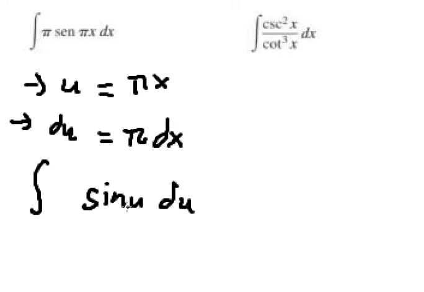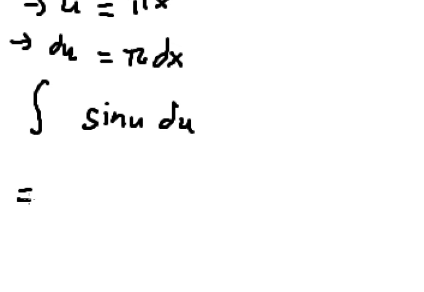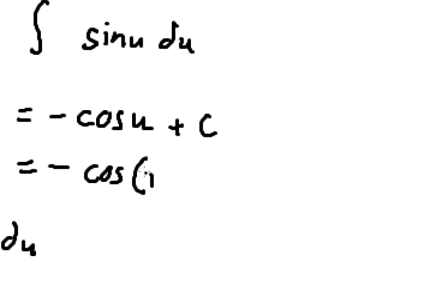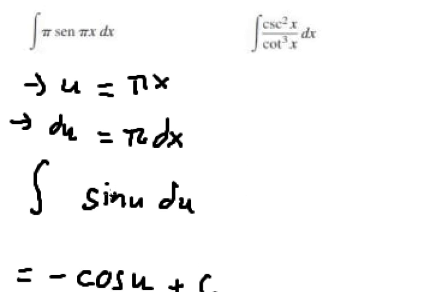The integration of this one, we have negative cosine u, and I will put plus c. About u, that is about bs. And this is the answer for the question.